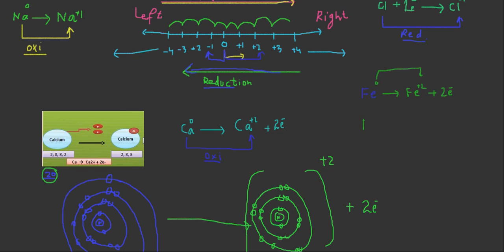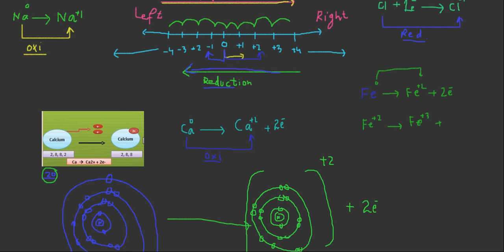Similarly, if this iron plus 2 ion loses one more electron, it would be converted into the iron plus 3 state.